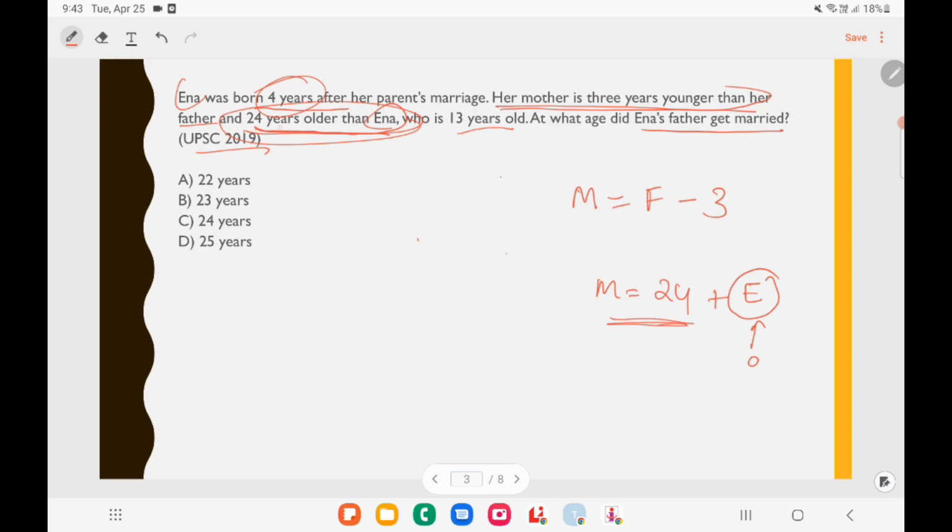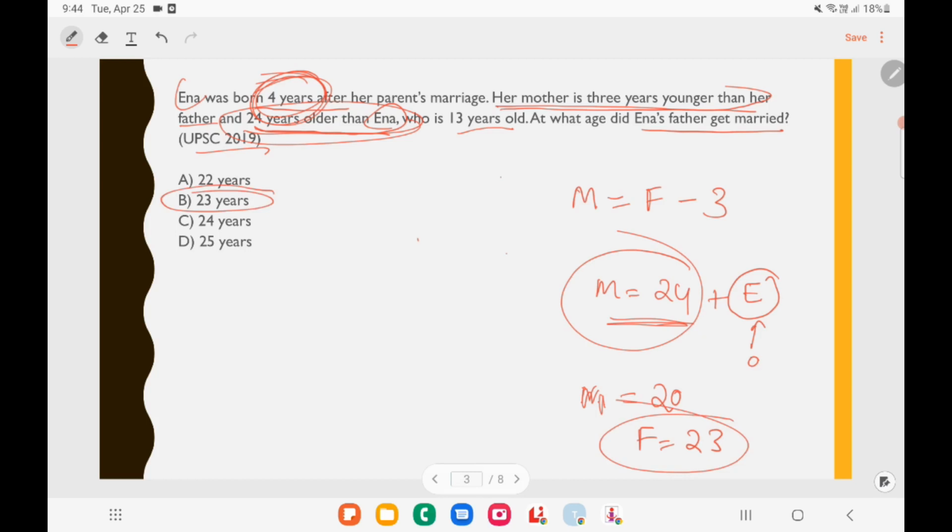And it is said that Ina was born 4 years after their parents' marriage. So Ina was born when her mother is 24. So mother got married at the age of 20, because Ina was born 4 years after their marriage. So when mother is 20, her father will be 23, because father is 3 years more than mother. So in this way also you can find out the age of the father when he got married.